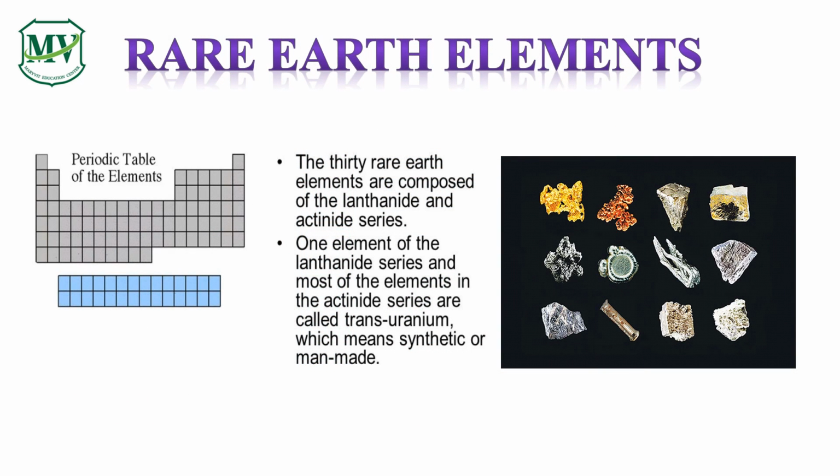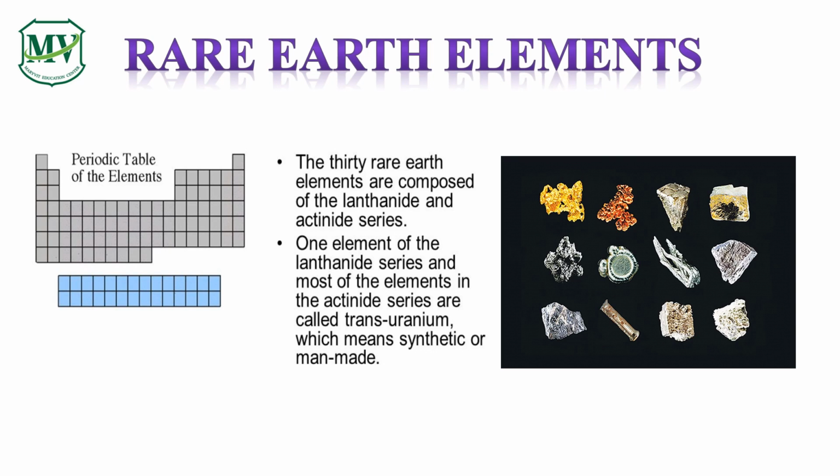The lanthanides and the actinide series are also known as rare earth elements. Can you guess where you can find the lanthanides and actinides in the periodic table? Very well said. These are the 2 rows under the periodic table.